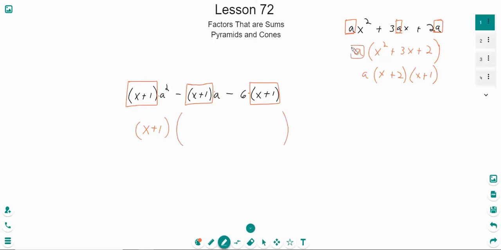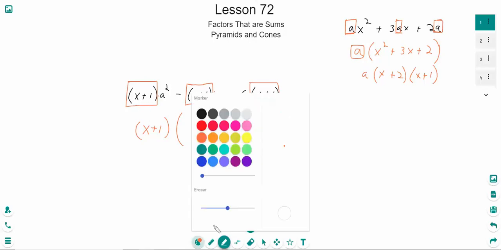We set the a outside the set of parentheses, and then we divided each term by an a. Same thing applies here, but do note that I kept the parentheses around the x plus 1. That's important, because we're pulling out this whole x plus 1, and it has to stay together as one kind of term.